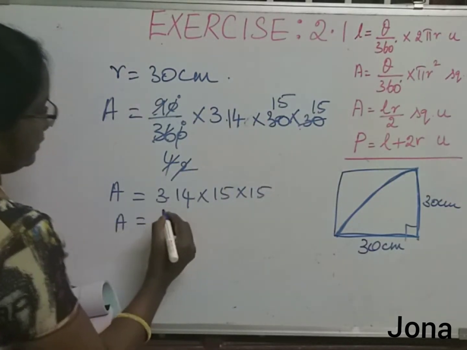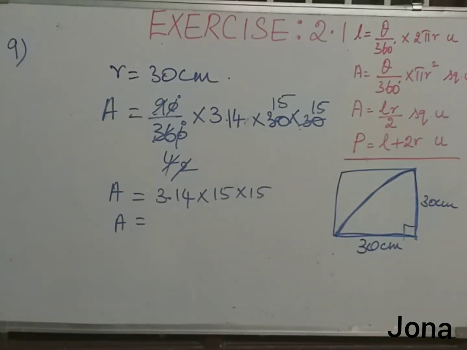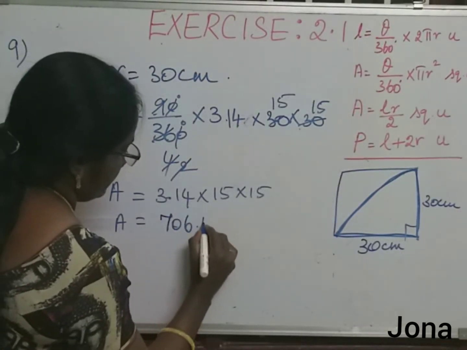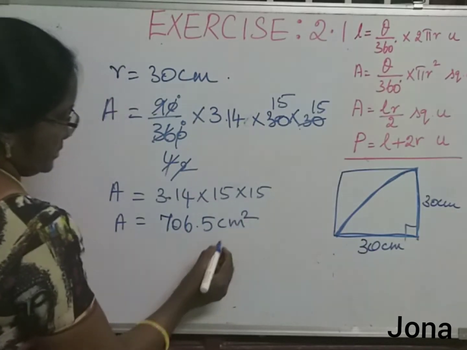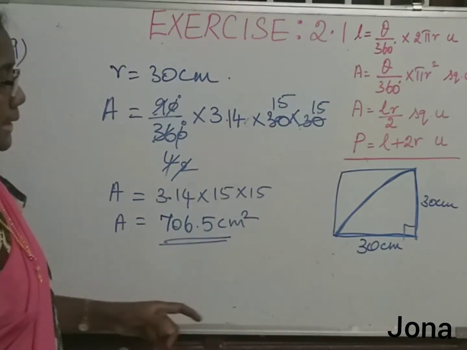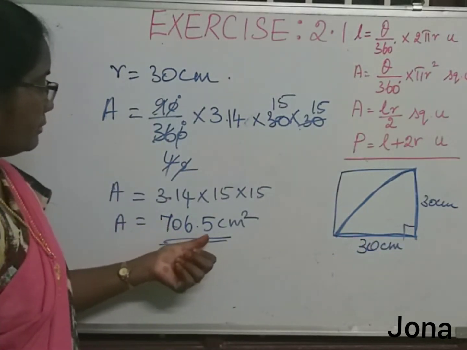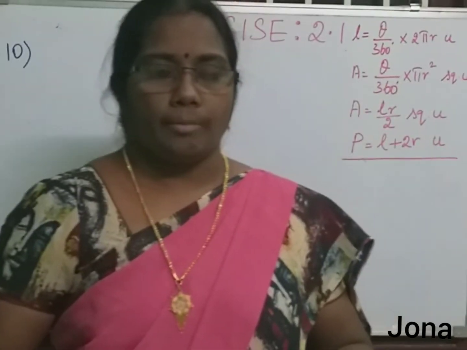You want to just multiply everything there so that we can have the answer. As this is in centimeter, put centimeter square. So the area of this sector is 706.5 centimeter square.